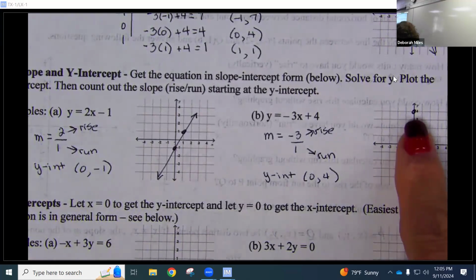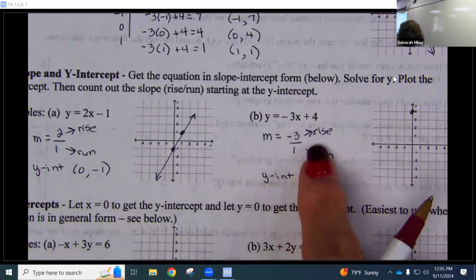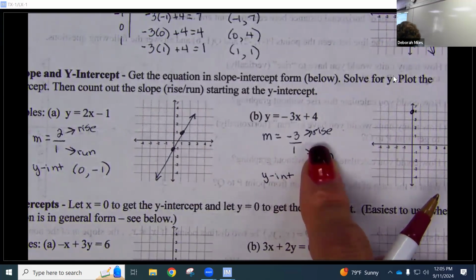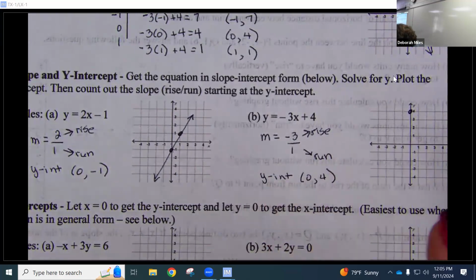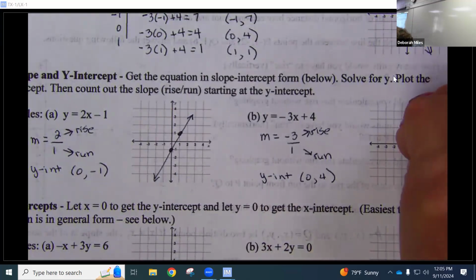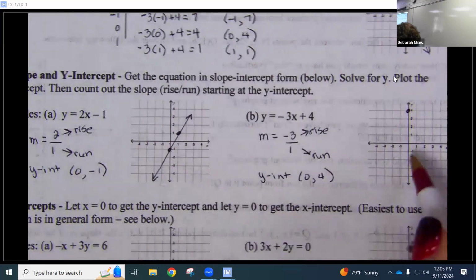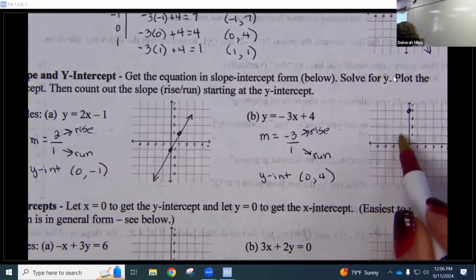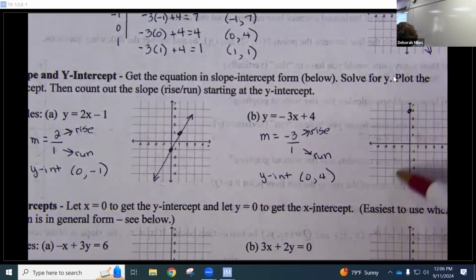From that point, I need to rise -3, otherwise known as fall 3, and run 1. If I messed up and said down 3 to the left 1 and drew that line, would it be a line with negative slope? I'd be going uphill left to right.